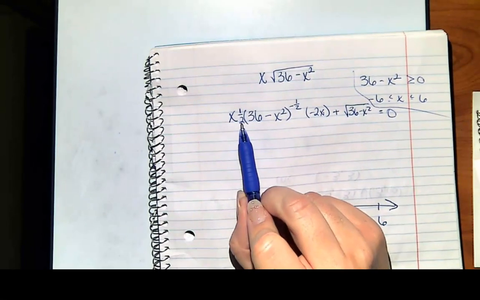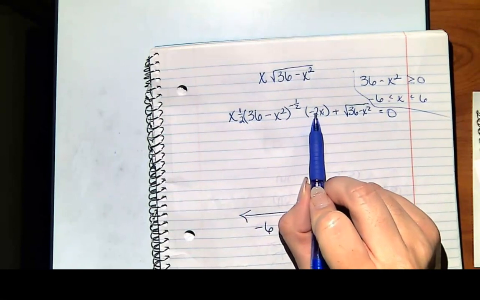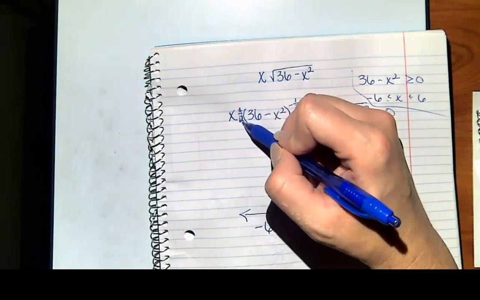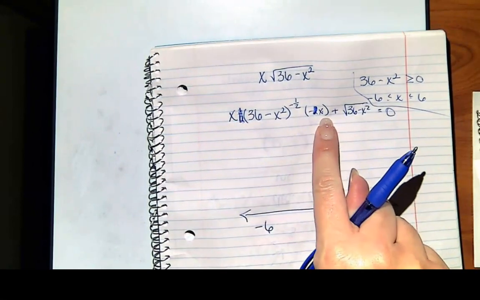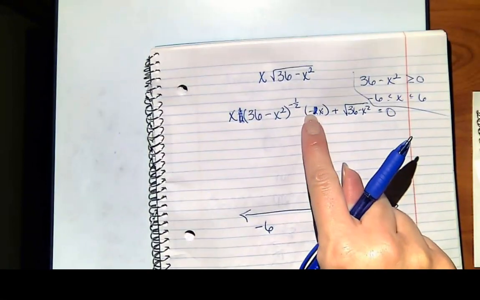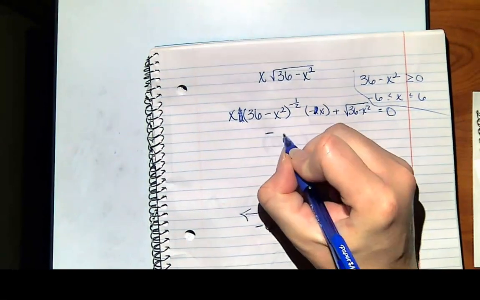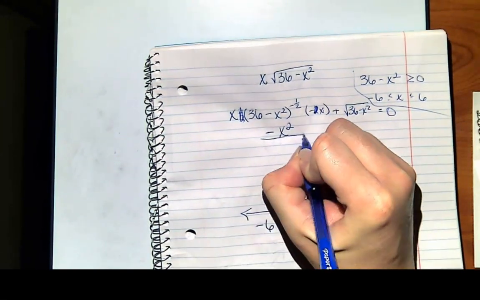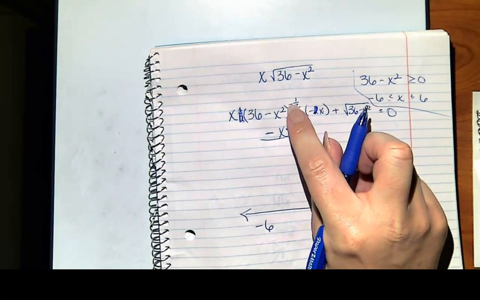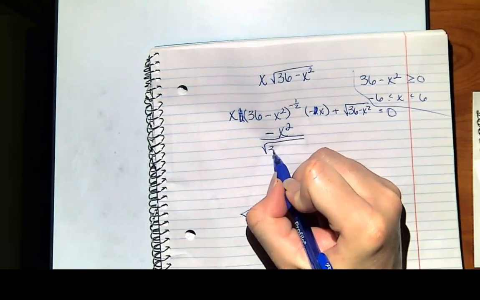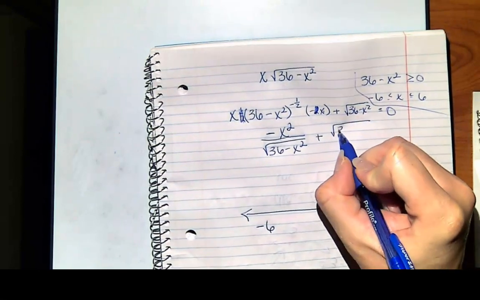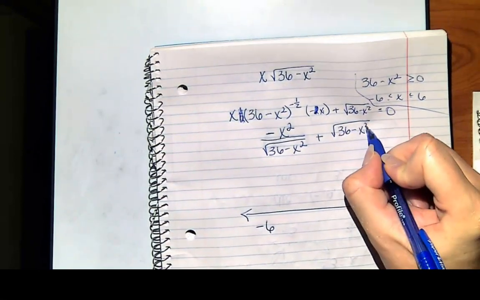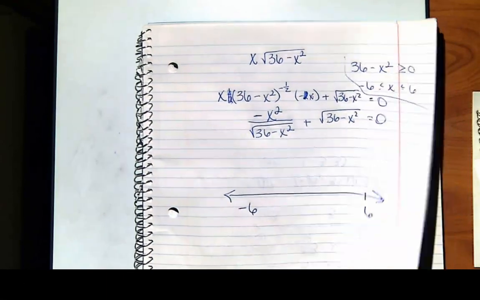Okay, I know that this 1/2 and this 2 reduce. I know that this x and this x multiplied together is x squared, and it's negative. So I have a negative x squared over, because this is negative, the square root of 36 minus x squared plus the square root of 36 minus x squared.